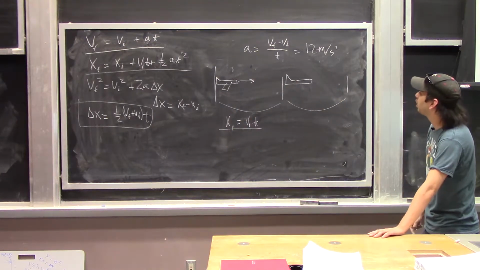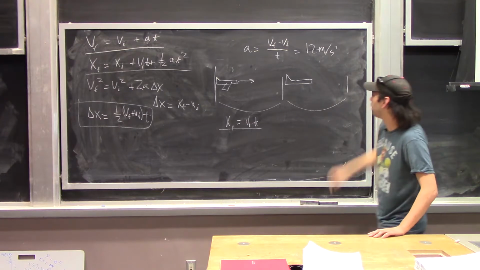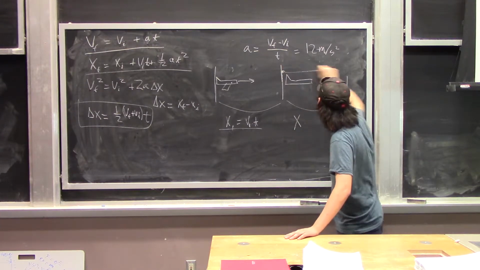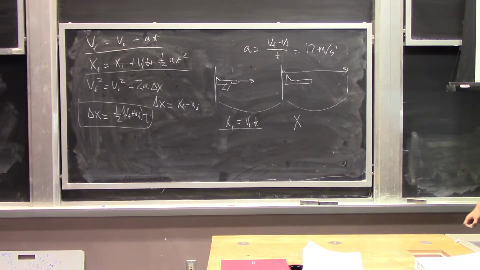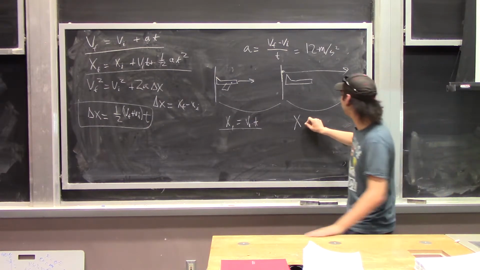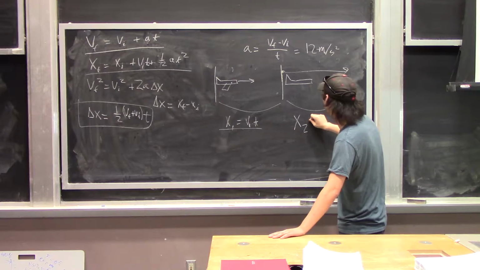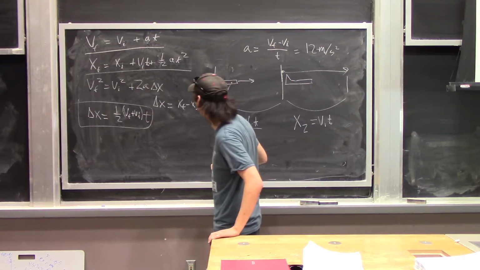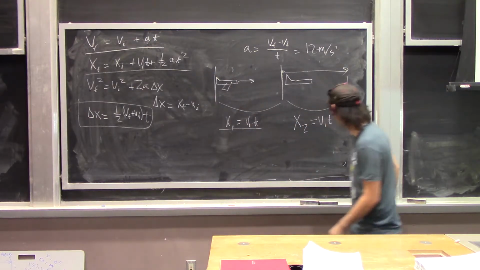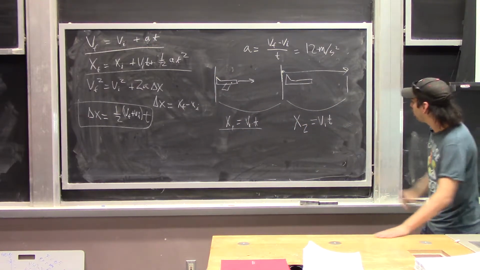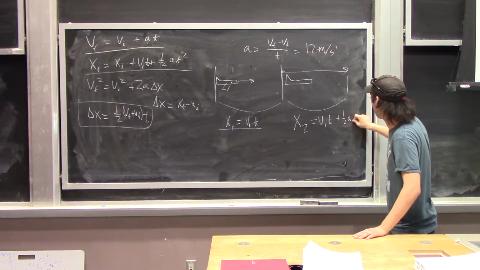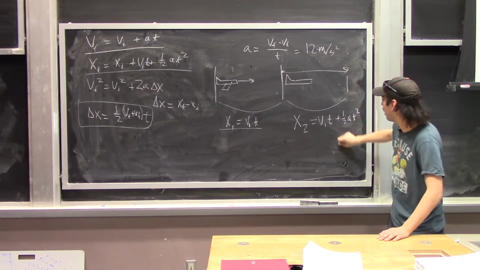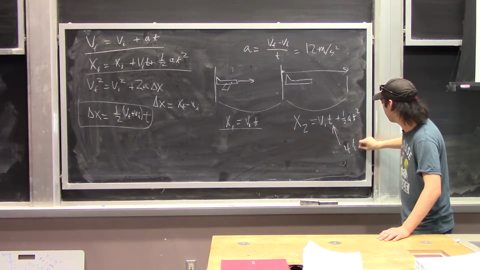Okay. Then we can do the same thing for interval 2, saying that this starts from 0 here, and find the distance that this covers. x2 is equal to v1t, the same velocity we had for the previous interval, 96 meters per second, plus 1/2 at squared, where this time is the 4.8 seconds.